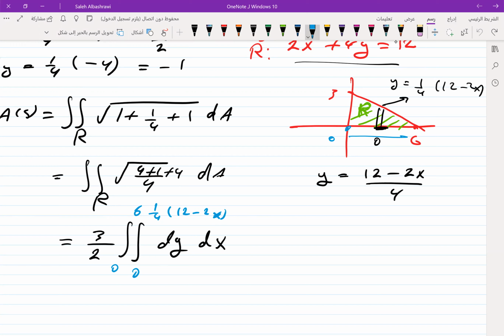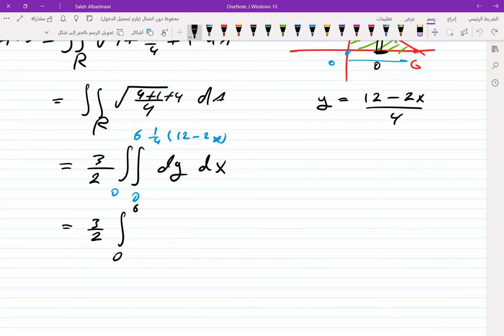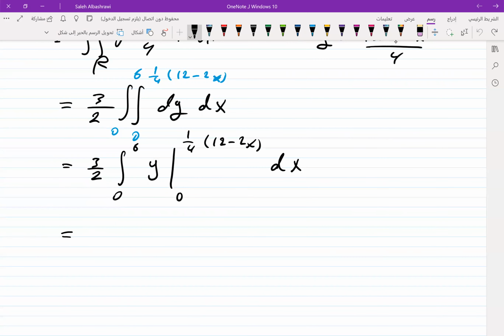Now let's integrate. This is equal to 3 over 2 multiplied by the integral from 0 to 6 of y, with limits from 0 to 1 over 4, 12 minus 2x, dx, which is equal to 3 over 2 times the integral from 0 to 6 of 1 over 4 multiplied by 12 minus 2x dx.